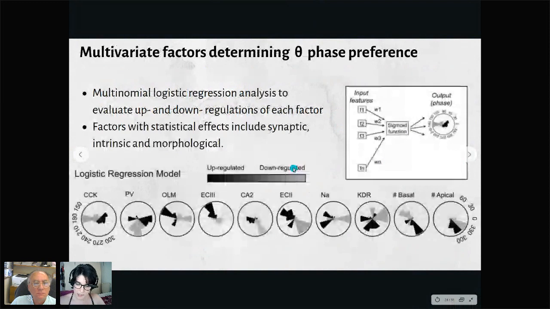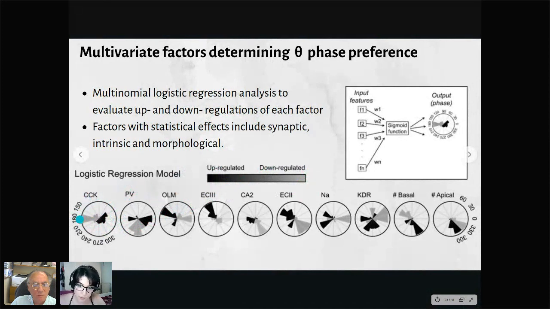We can go a step further and see the same kind of analysis, but taking into account not only the basal state, but also the experiments we did, for example, with the CCK and the PB. The way of reading this is: which is the preferred theta phase when you downregulate this factor, and which is the preferred theta phase when you upregulate this factor.